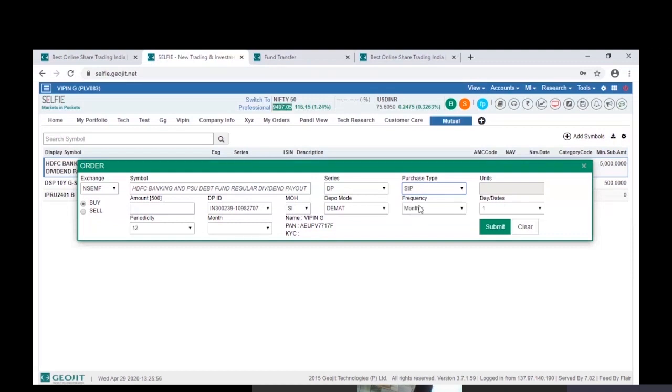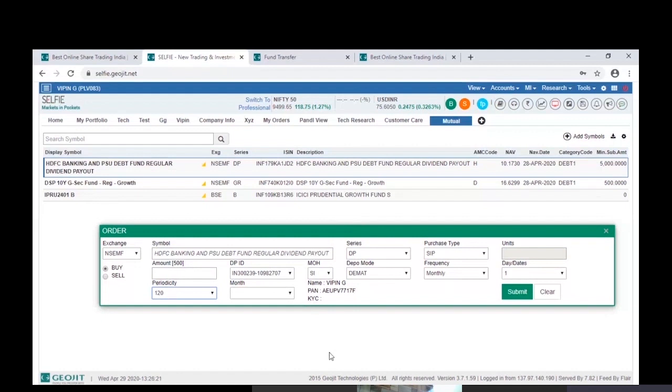SIP means you will have to mention on which day you want to trigger the SIP, and whether it is a monthly or a quarterly SIP, and the periodicity. Say, for example, I want to run it for the next 10 years. I can mention it likewise and click on submit. This way, you can place orders in your mutual funds.